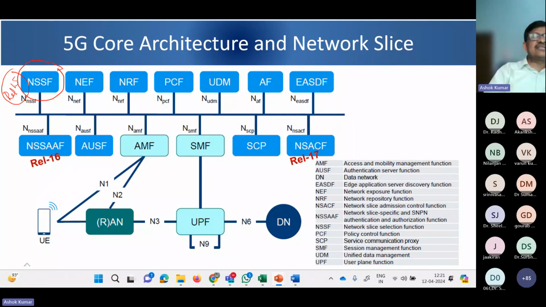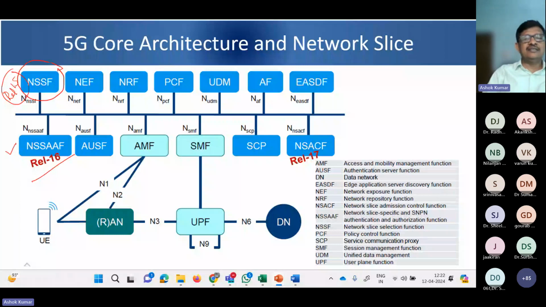Now in Release 16, do you remember from the previous slide what was introduced in Release 16? Slice-level authentication, the second-level authentication. To support slice-level authentication, one new network function was added.